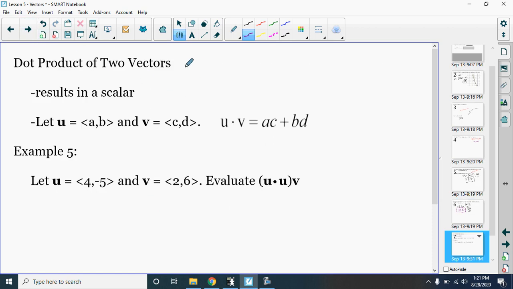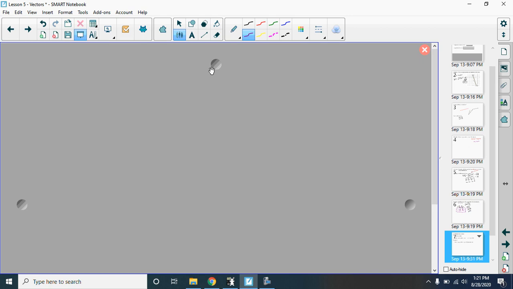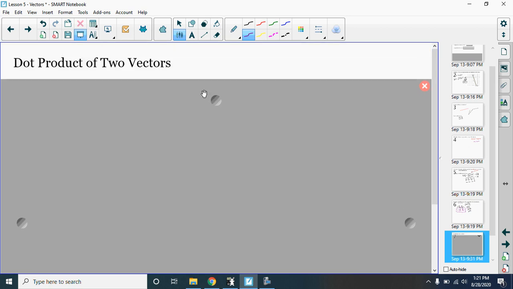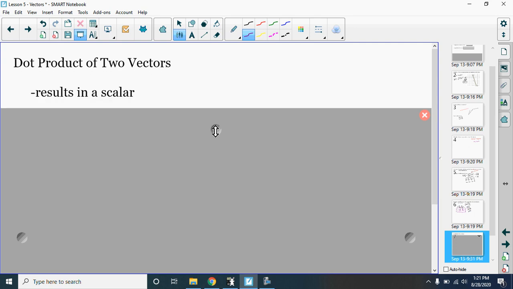And then the last thing we need to talk about is the dot product of 2 vectors. First of all, it results in a scalar. A scalar is just something that has a magnitude but does not have a direction.